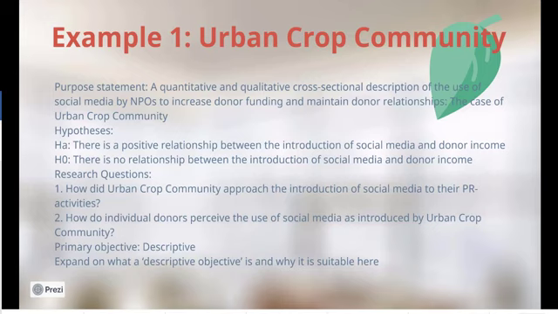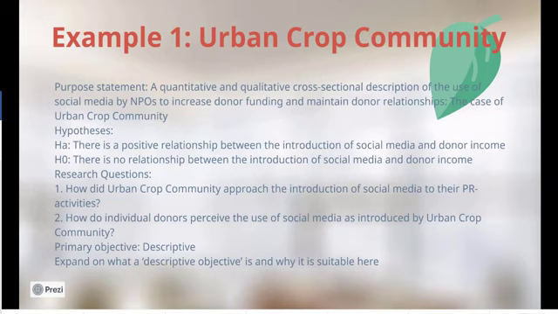The first says there is a positive relationship between the introduction of social media and donor income. And the null hypothesis is there is no relationship between the two. And then to approach the qualitative section of the study, two research questions.